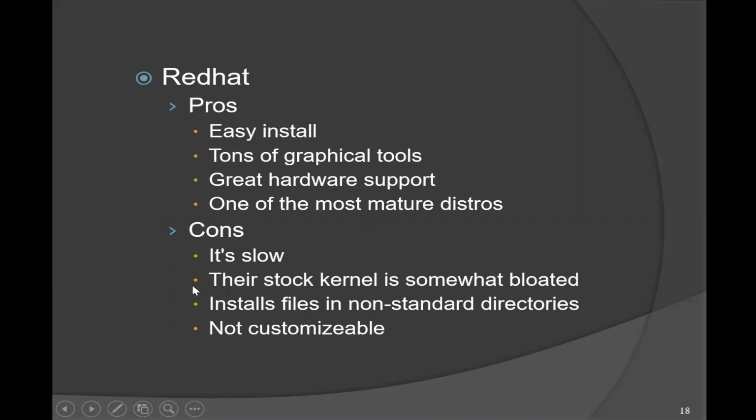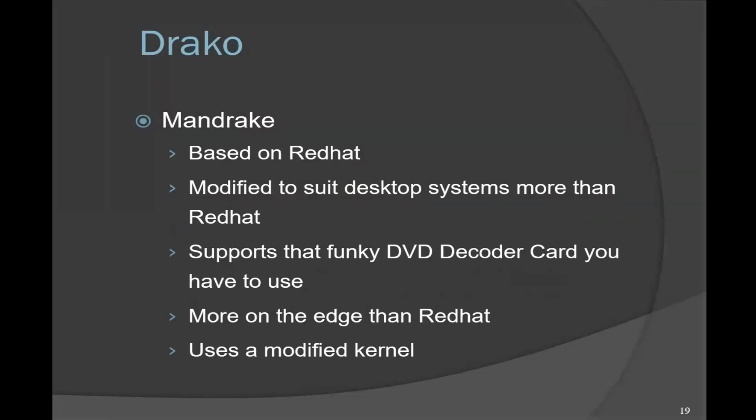So the cons are that it's slow. They have a stock kernel and it's somewhat bloated, installs files in standard directories, and is not customizable. Mandrake is basically based on Red Hat, modified to suit desktop systems more than Red Hat.